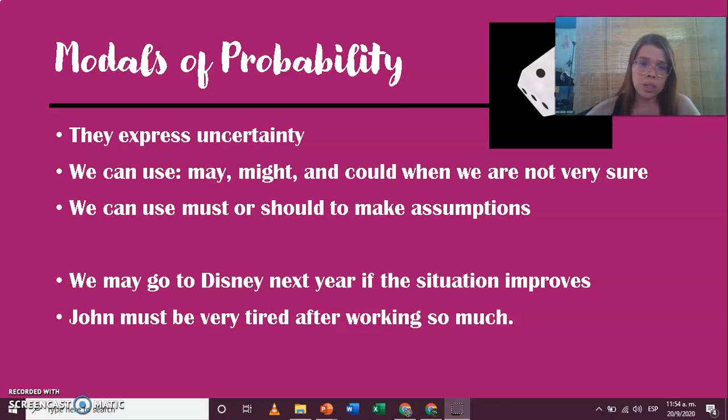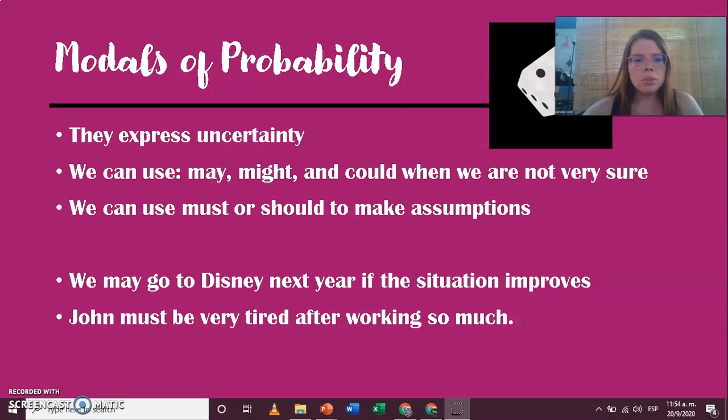There are different theories regarding which one expresses more uncertainty. However, in this video, we are going to take may, might, and could as if they all express uncertainty. I can say it may rain tonight, or it might rain tonight, or it could rain tonight, and they all express uncertainty. I don't know for a fact if it's going to rain or not.